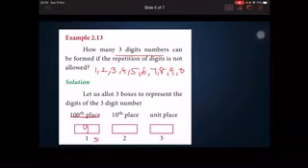Now to fill the tens place, how many options do you have? One digit has already been placed, so ignore that option alone. For example, ignore 5, and you still have 9 options, because 0 is also there, and we can put 0 here. For example, I put 0. So I have 9 options to fill this.